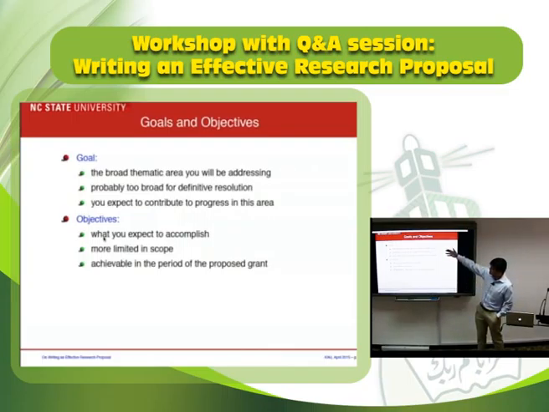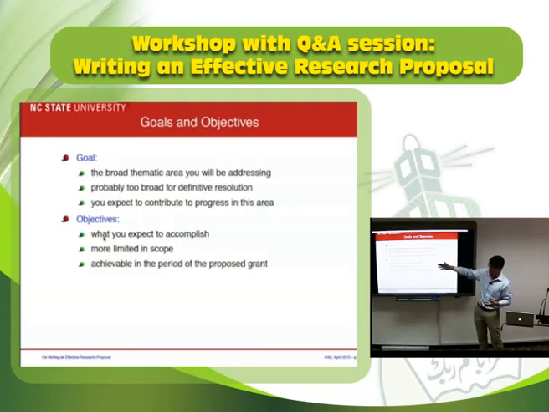The goal is broad, okay, and it's probably what you want to be able to do. So to put it in other words, my goal is to address some problems in routing and spectrum assignments. Okay, that's too broad. What does that mean?